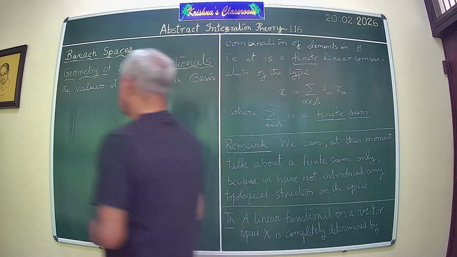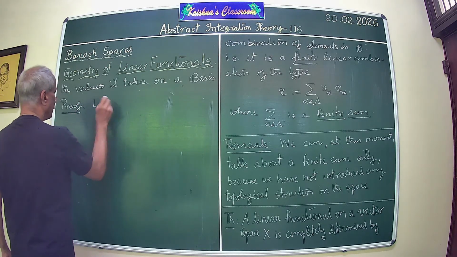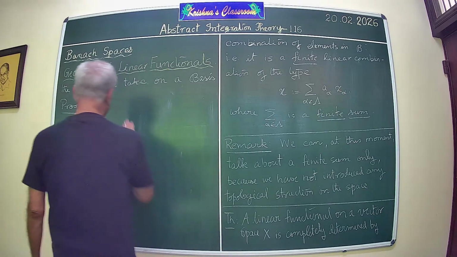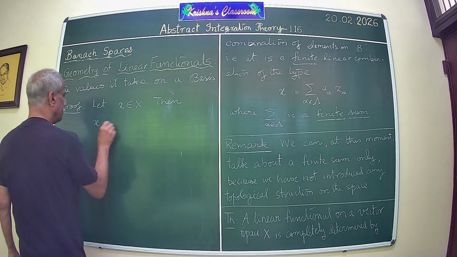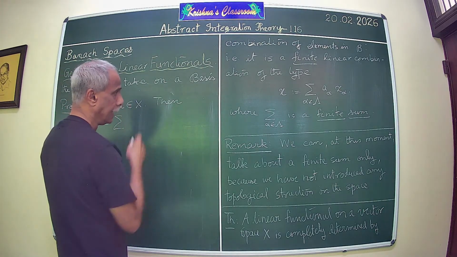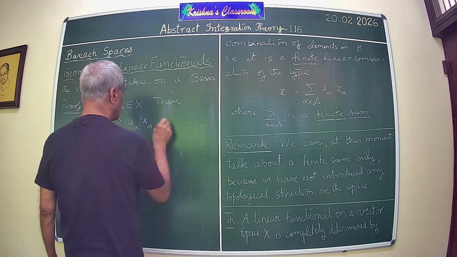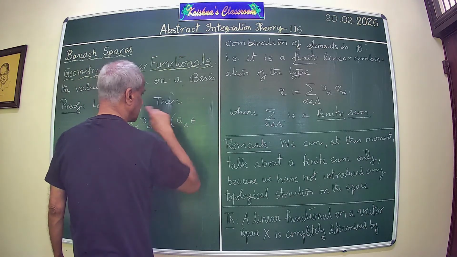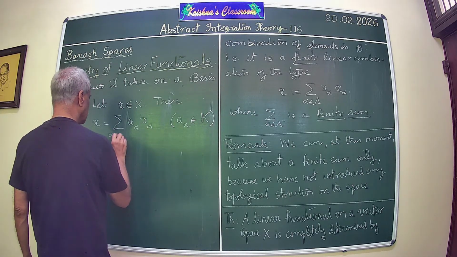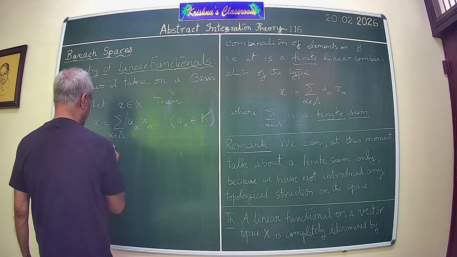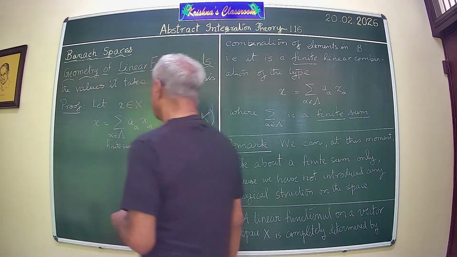Okay. So we shall just write the next. Then x is equal to sigma, say, a alpha x alpha, where a alpha belongs to K, and it's a finite sum.